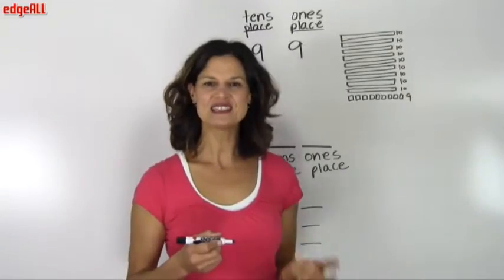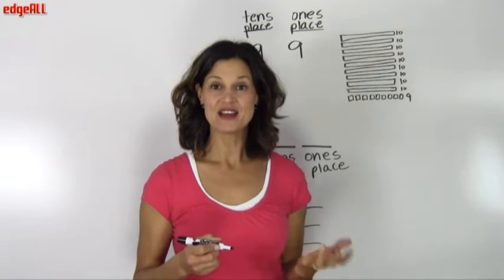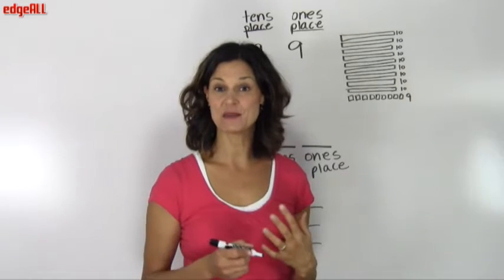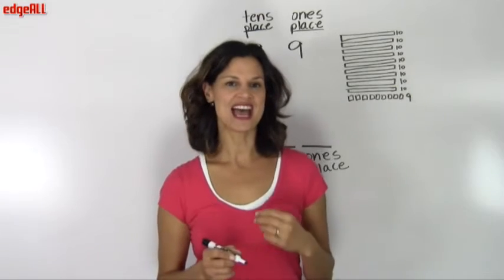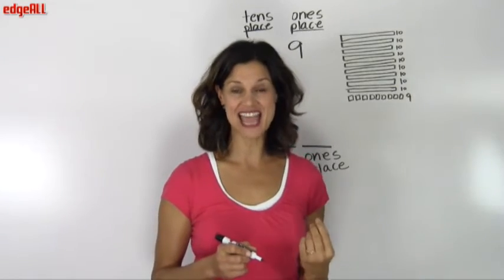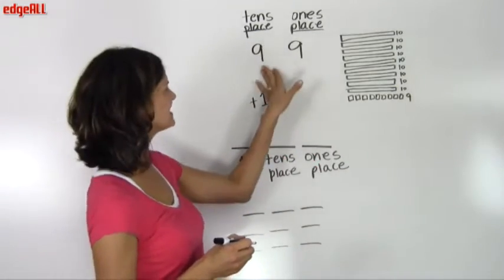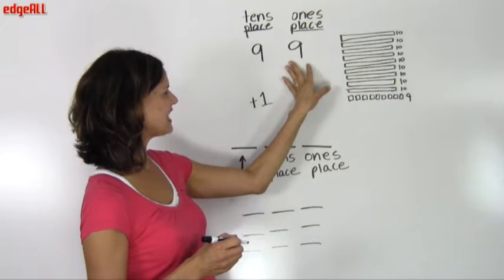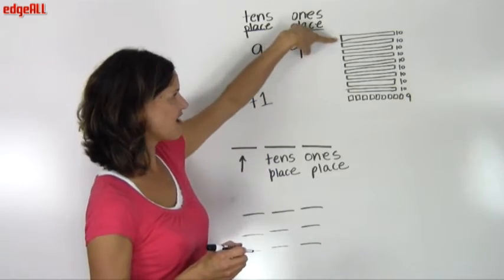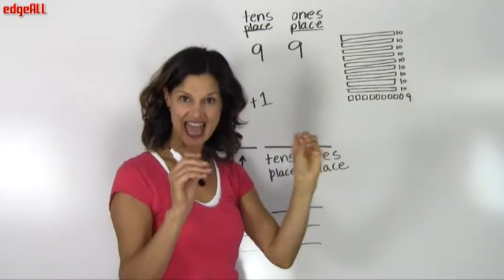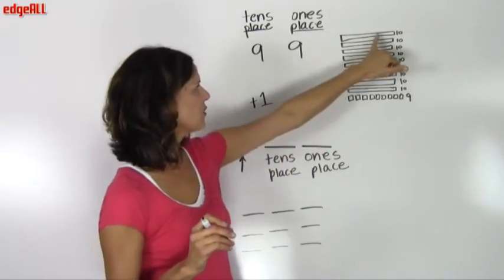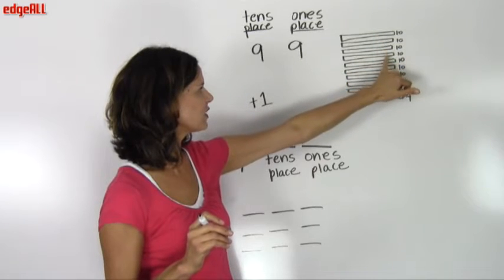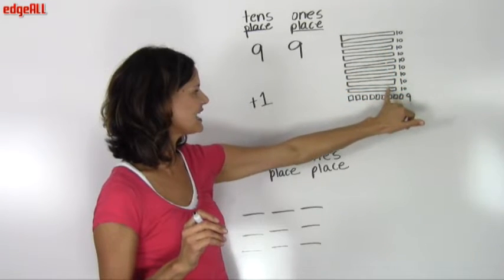We continue this pattern, and eventually, finally, we will come to the number 99, which has 9 groups of 10s and 9 ones. So we now have a 9 in the tens place, 9 in the ones place, and we have 9 bars of 10, of groups of 10, 10, 20, 30, 40, 50, 60, 70, 80, and 90.